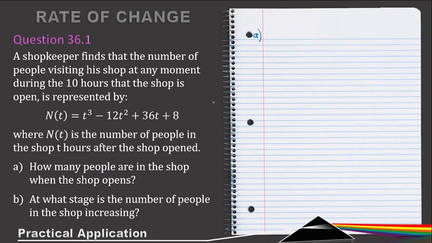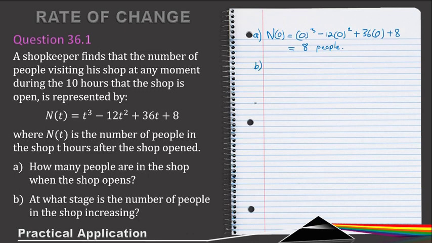So we just substitute in 0 for t: 0 cubed minus 12 times 0 squared plus 36 times 0 plus 8. All the terms that are multiplied by 0 fall away, and we're simply left with 8 people. Alright, so that was easy enough.